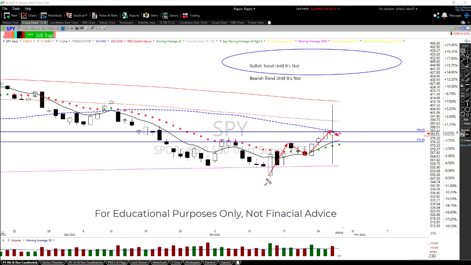So right now, if we were trading 100% solely on the chart, which I think we should be, then that is a bullish chart every which way from Sunday.